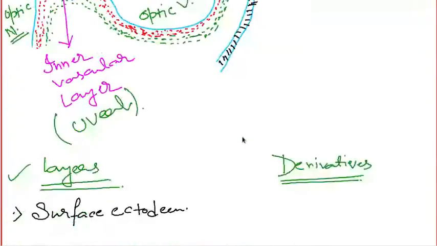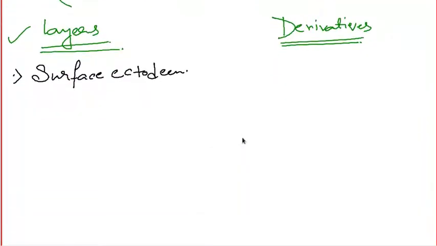So let us go to the surface ectoderm first. This surface ectoderm gives rise to the lining epithelium of cornea and conjunctiva.